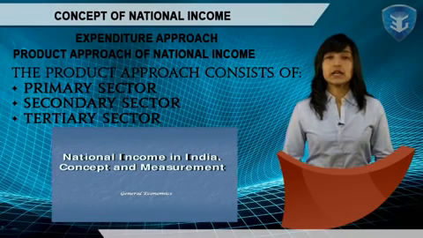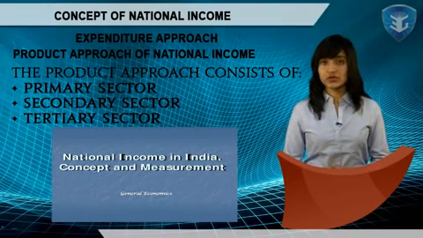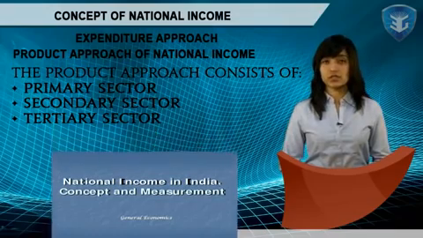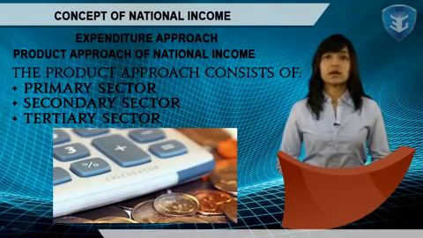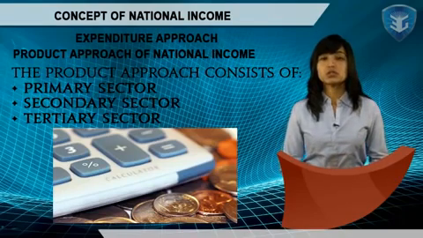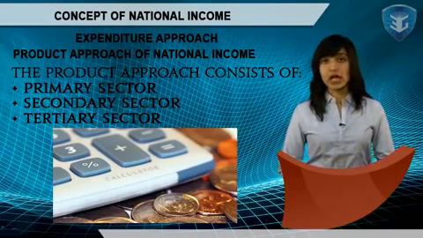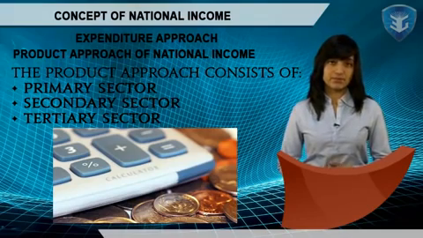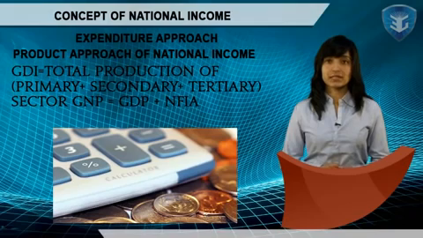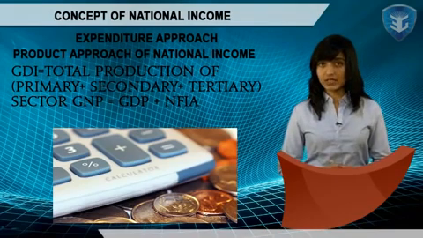The secondary sector includes manufacturing, electricity, water supply, and such other public welfare activities. The tertiary sector includes banking, insurance, transport and communication, defense, administration, and such other institutions. Thus, GDP is equal to total production of the primary plus secondary plus tertiary sector.